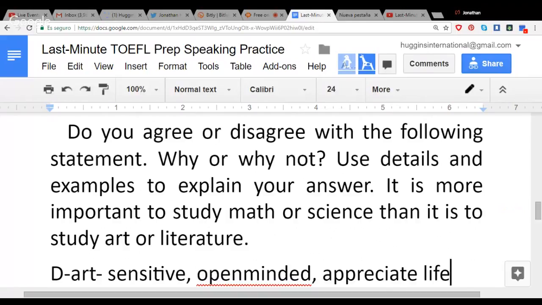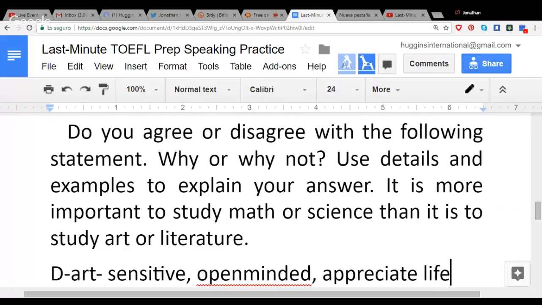So, personally, I would disagree with this statement because I think that though it can be important to study math and science, personally, I would say that studying art and literature is equally as important as math and science because they help people become a little bit more open-minded and sensitive to the beauty of life, and it will help them appreciate things that are surrounded by them.